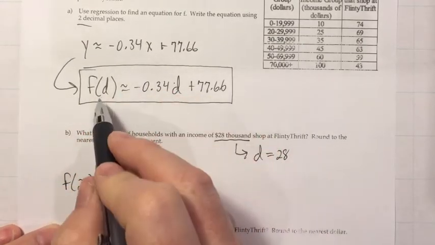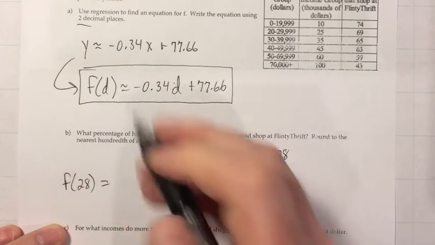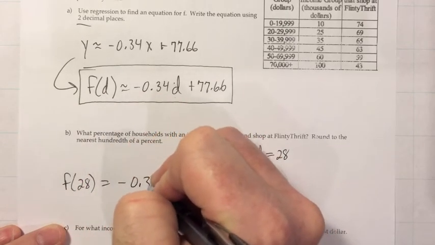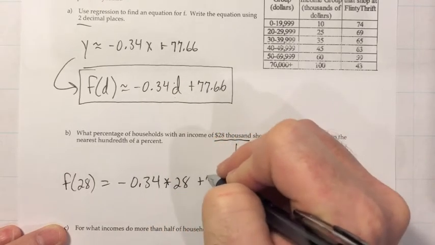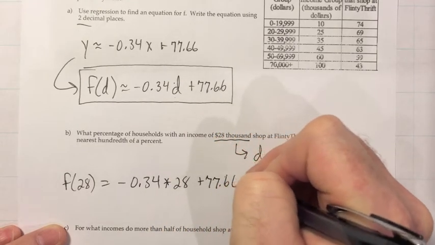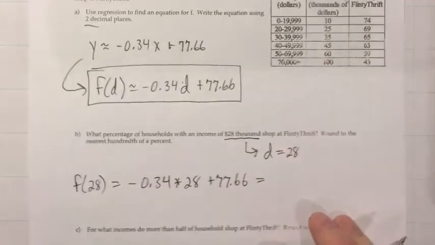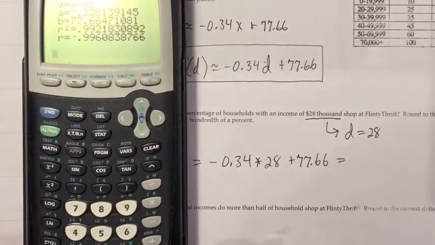So when we substitute that here, we also have to substitute it there. So negative 0.34 times 28 plus 77.66, and then kind of messy, so I'll go to the calculator to see what that is.